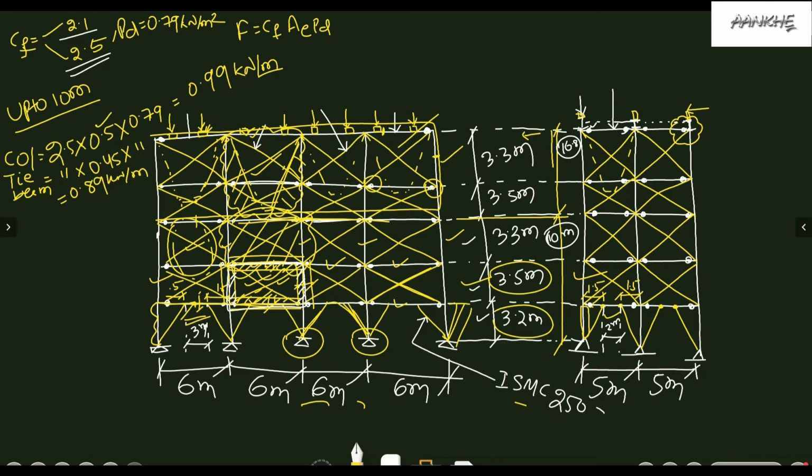Okay, so next comes your bracing part. ISMC 250. In this case, how much? It is 2.5 into 0.25 into 0.79. It comes 0.49. Let us approximate to 0.50 kilonewton per meter.